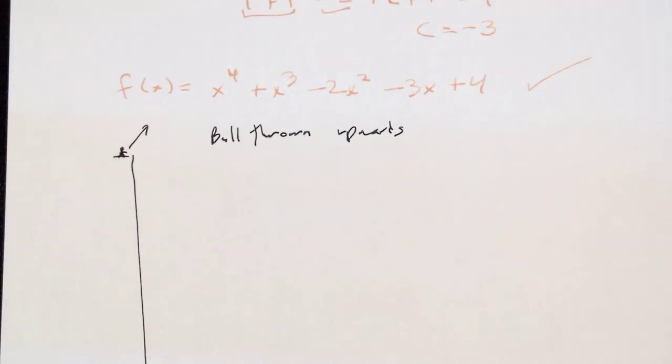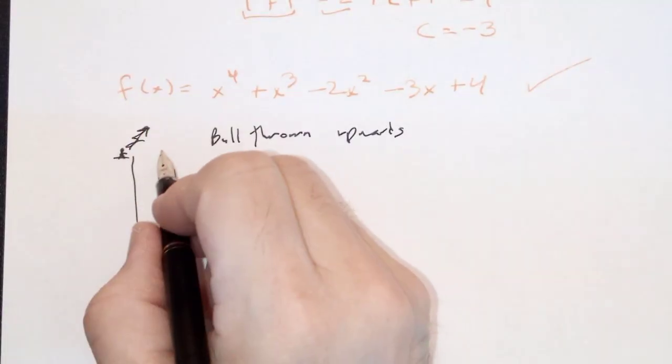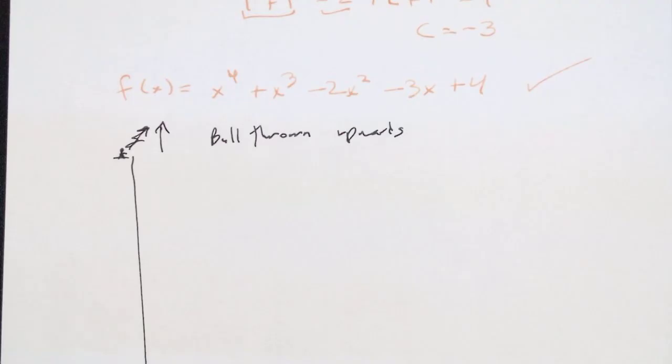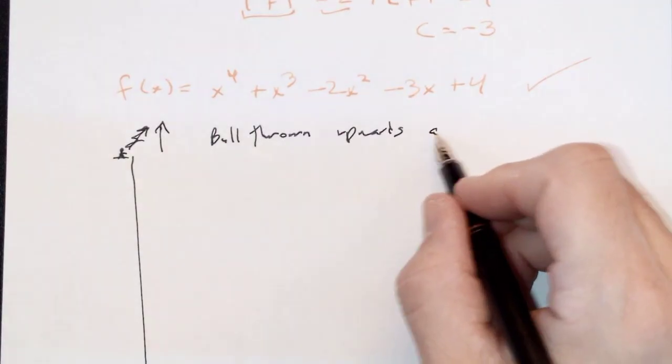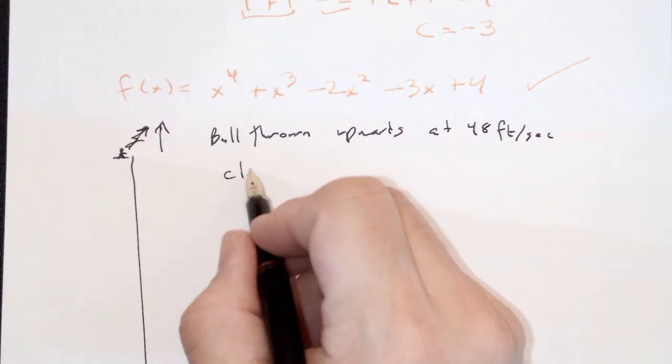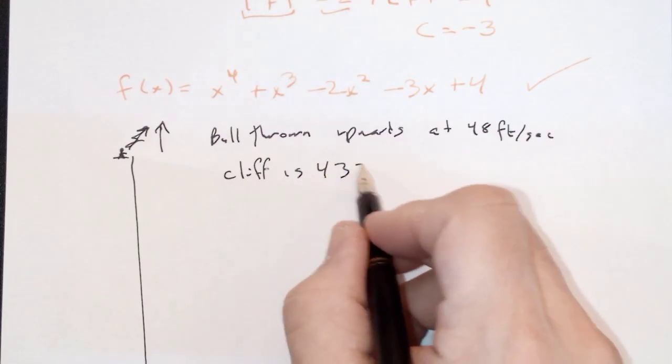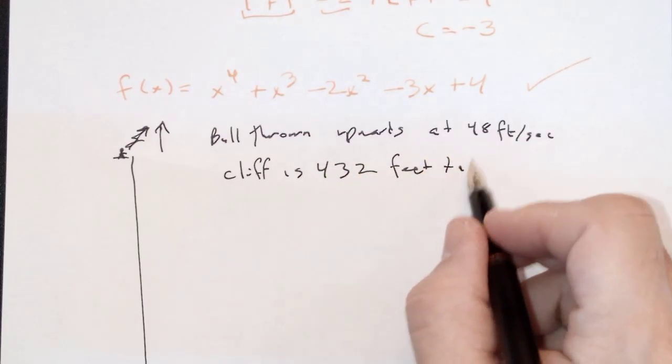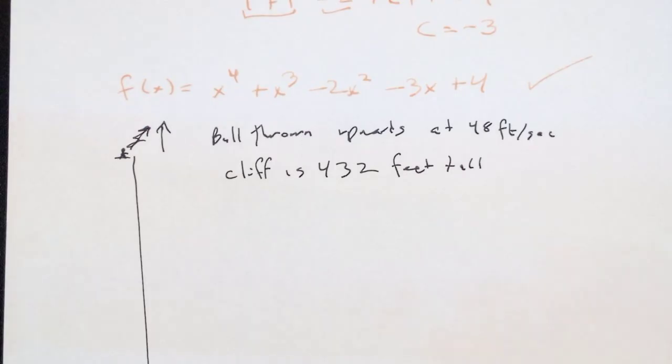I am strictly thinking of the vertical motion here. So I really should think about sticking my arm over the edge and throwing straight up. Let's change that. We're going to throw it straight up. Two questions. How high does the ball go? And when does it hit the ground?